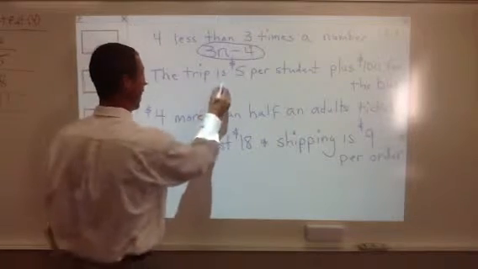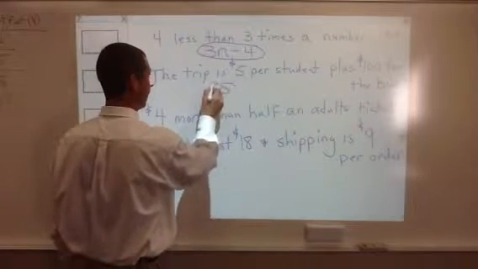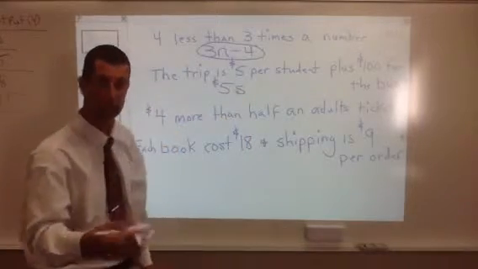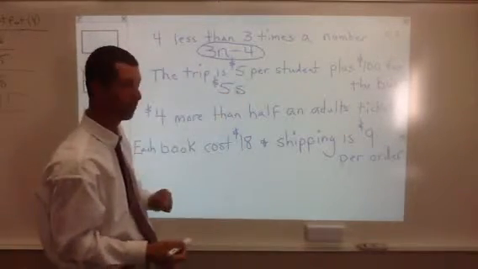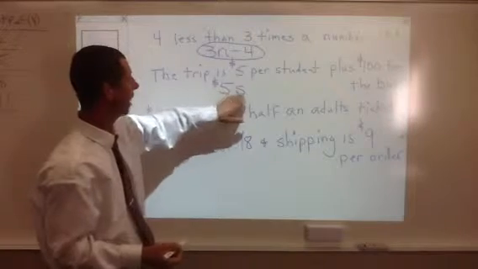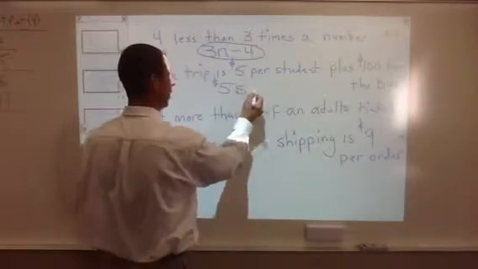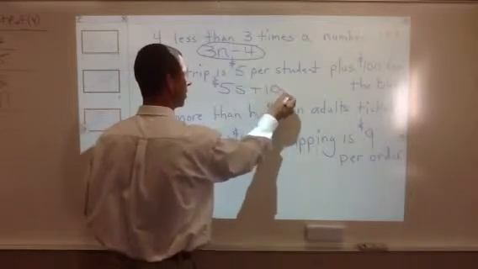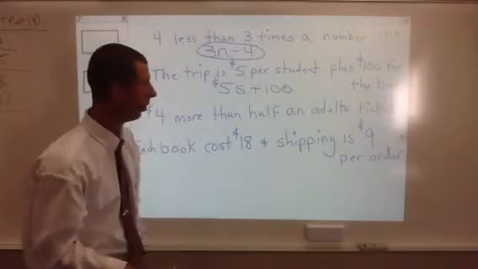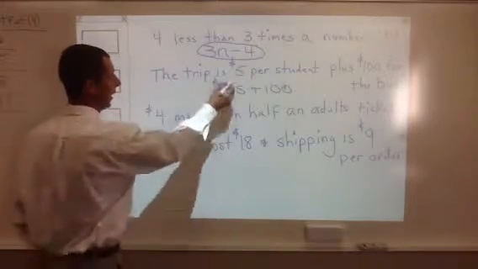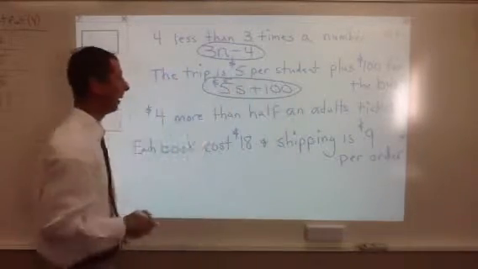So $5 per student, so we'll use S for our variable. I don't like using S's for variables, they look like a 5, but for this case, $5 times S, and the bus is going to be $100 regardless if 1 student rides it or 100 students. So there would be the algebraic expression for that one.